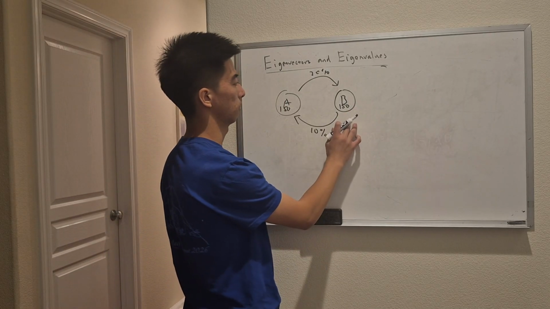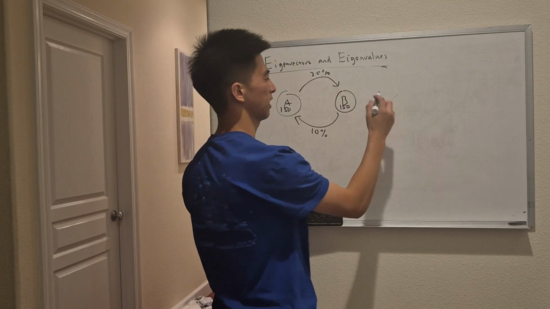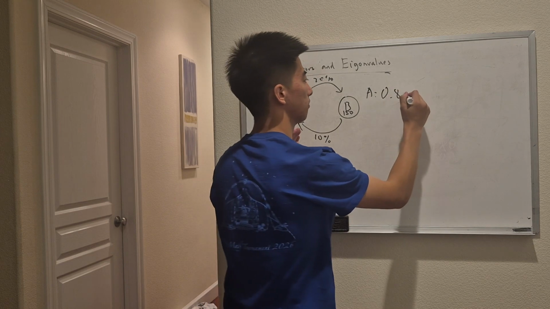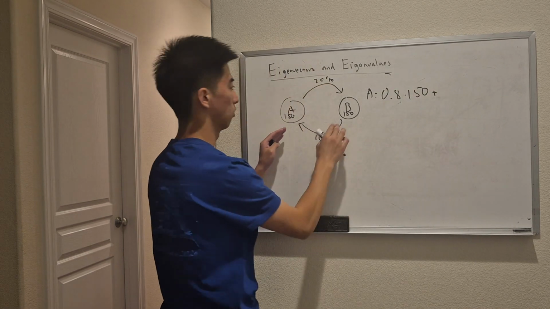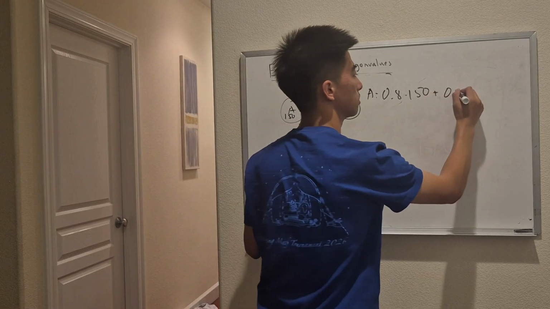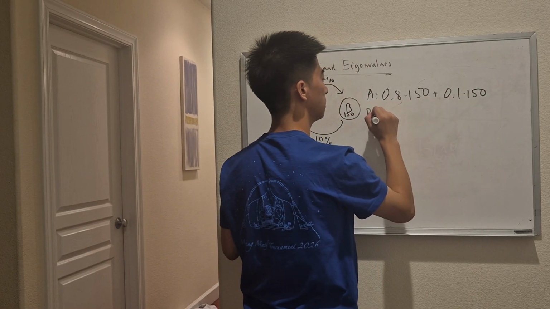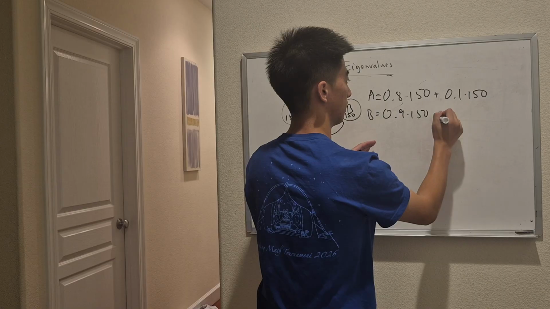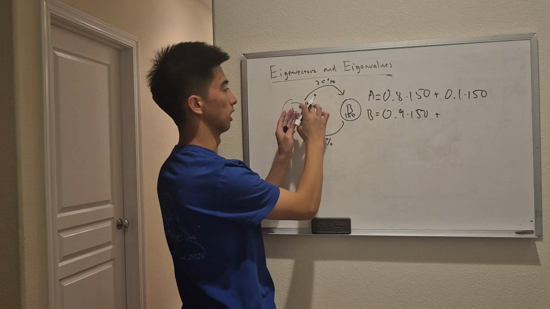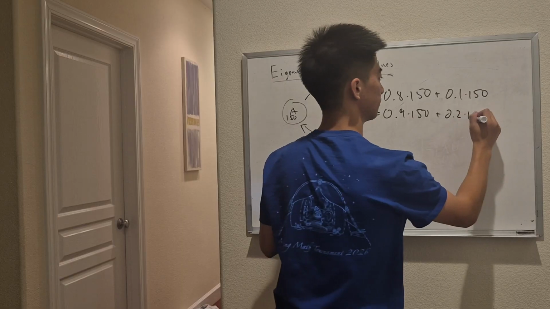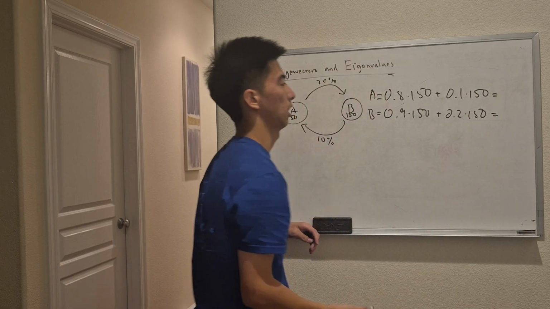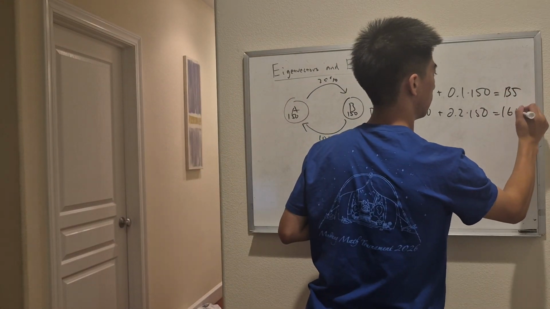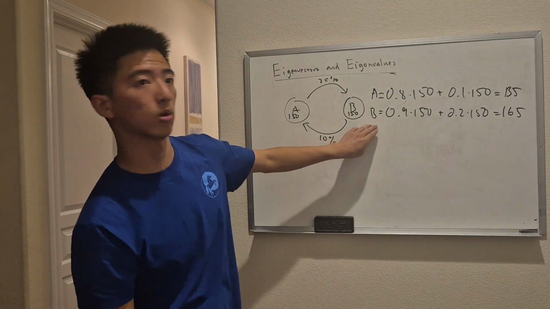If we start with 150 and 150, we can calculate that after 1 unit of time, for A, you retain 80%, so you have 0.8 of that 150, and then you take 10% from B. So you have the 0.1 from B, and for B, you retain 90%, and then you add in your extra 20% from A. If you do this, you get 135 and 165. And you see, you get slightly more B now.